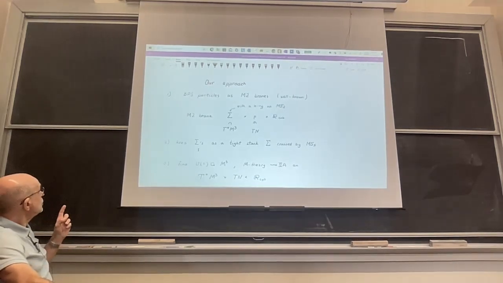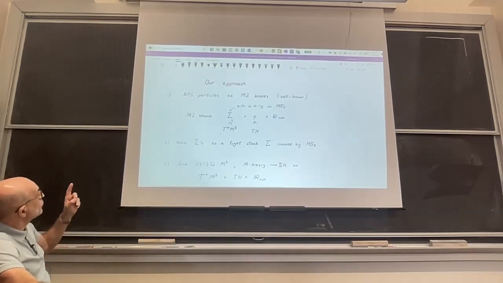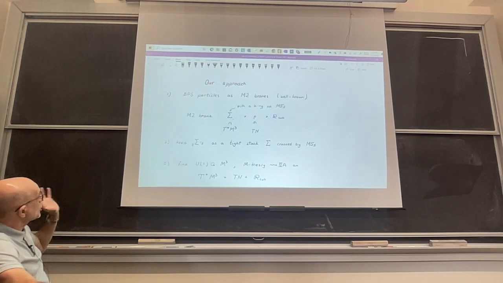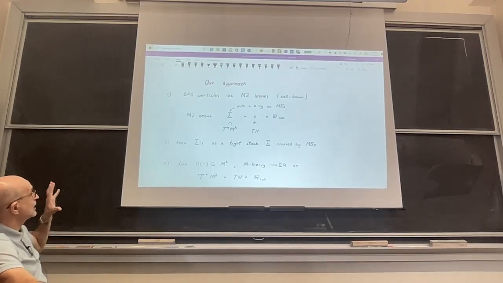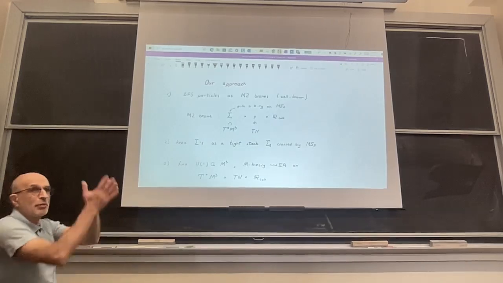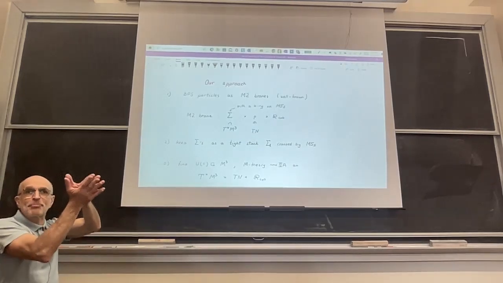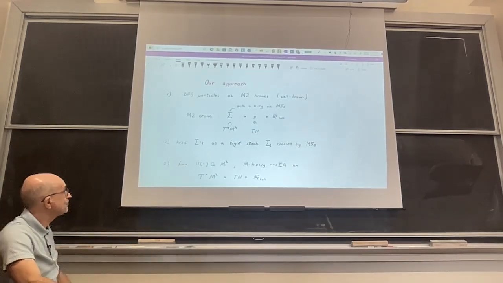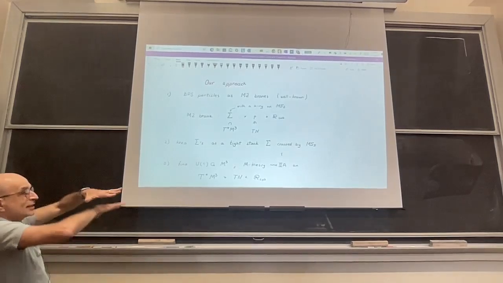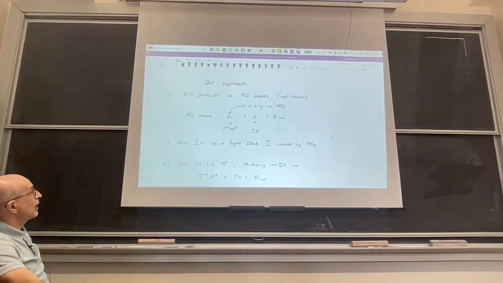Now, we want to put the M5 branes in such a way, or we hope, that these surfaces corresponding to individual M2 branes will form a tight stack. So I'll just call it sigma. So they will all lie like pancakes or even thinner. And that stack of pancakes will be crossed by M5.